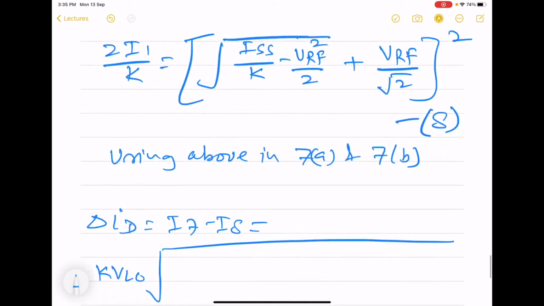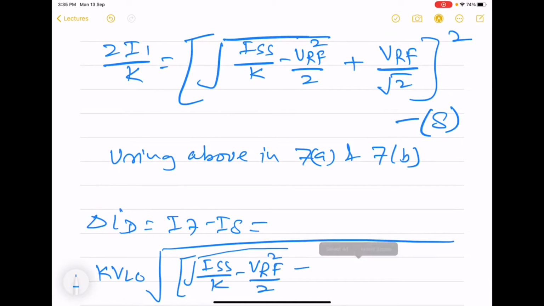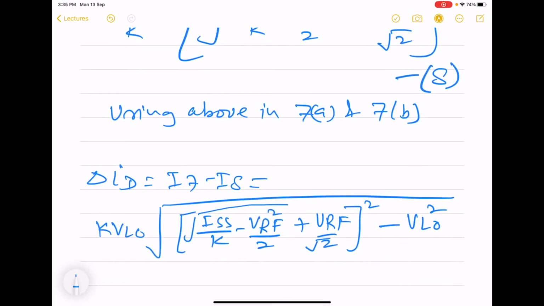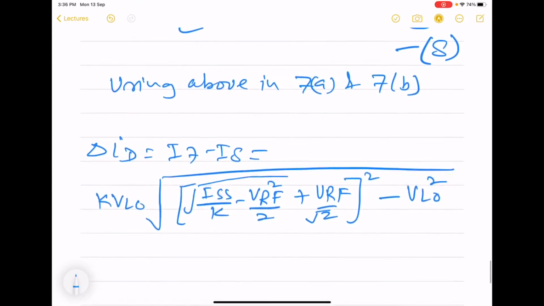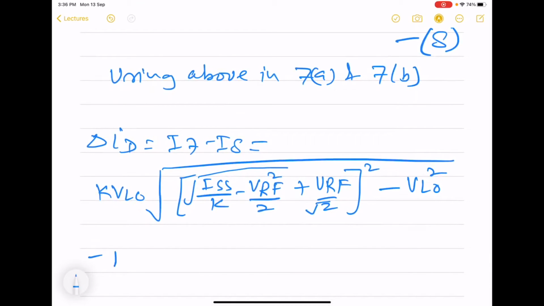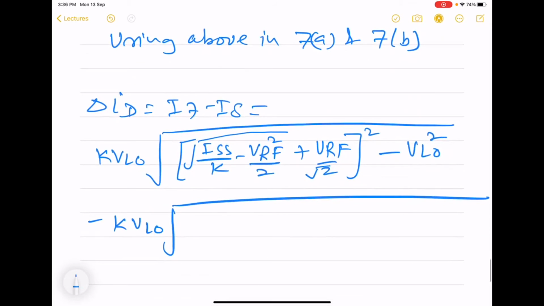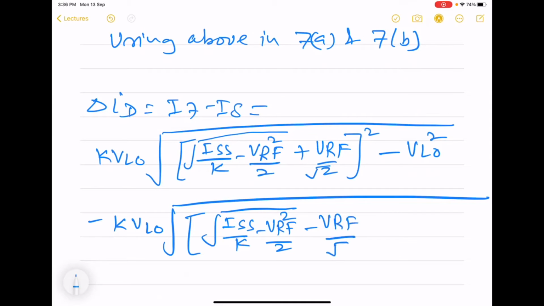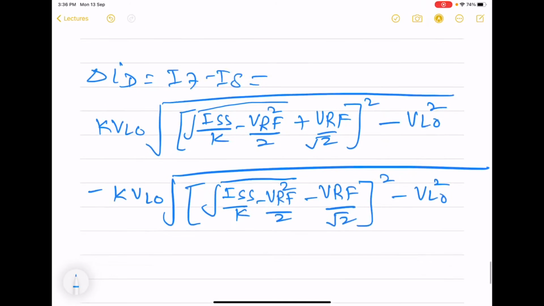So what we will get here is, so this is after substituting the I1, or rather 2I1 by K. Similarly, when we substitute the 2I2 by K, we get this expression here.